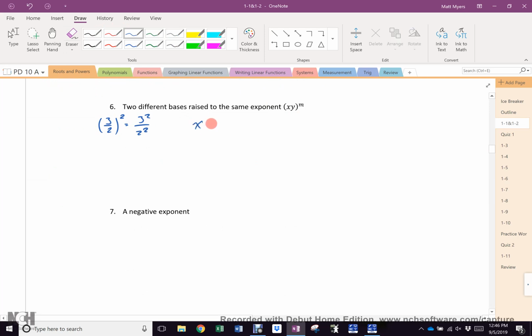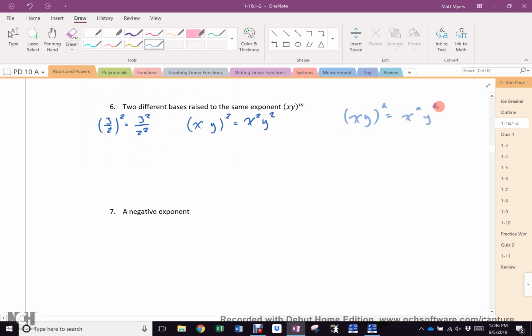X squared, y squared. Easy peasy lemon squeezy, right? No problemo. Everybody can rock it. So how do I write that out as my light blue rule? xy to the a equals x to the a, y to the a.